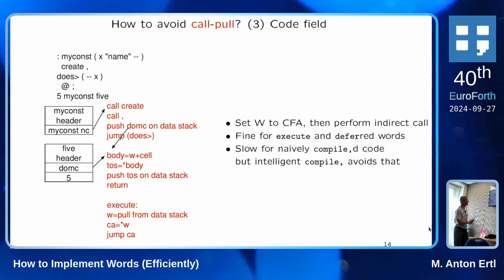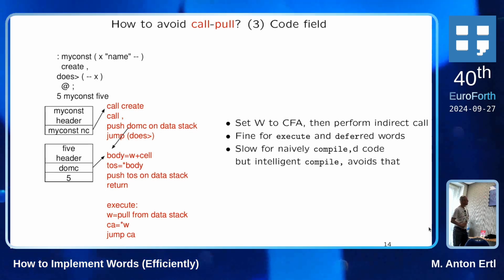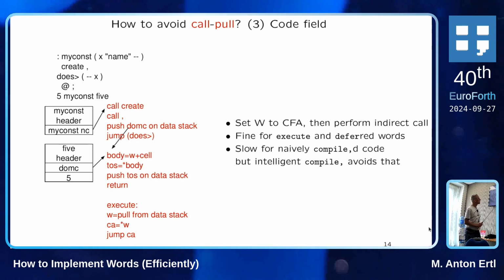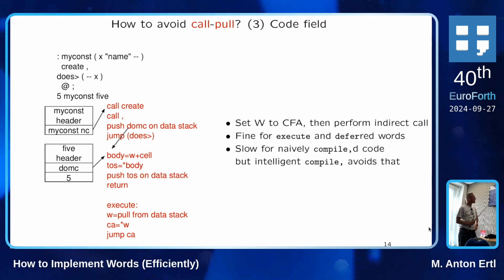This works fine for execute and deferred words, and for naively compiled code. It's not particularly efficient, but if you use an intelligent compile comma anyway, you can use this kind of thing for executed and deferred words.